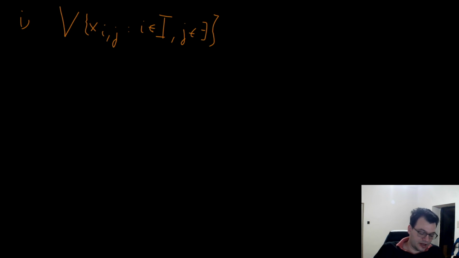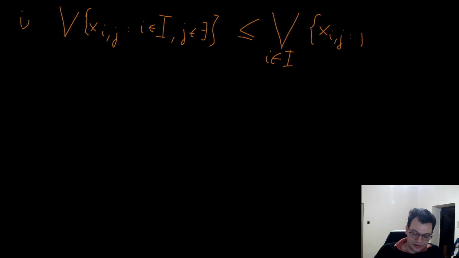The first one is that the supremum of the xij's, if we just index them into one single set and then take the supremum of this in one part, is at most the supremum over i of the supremum over j of xij.